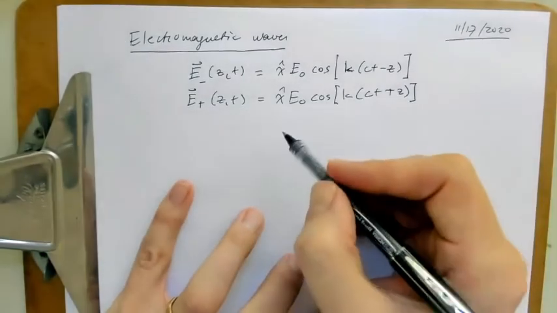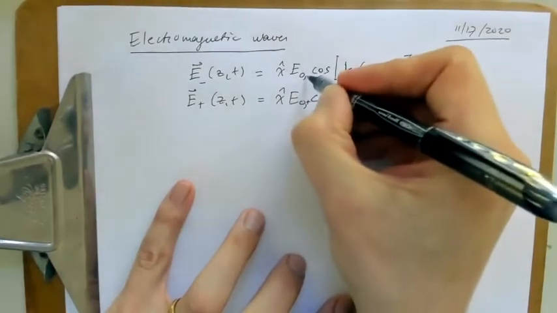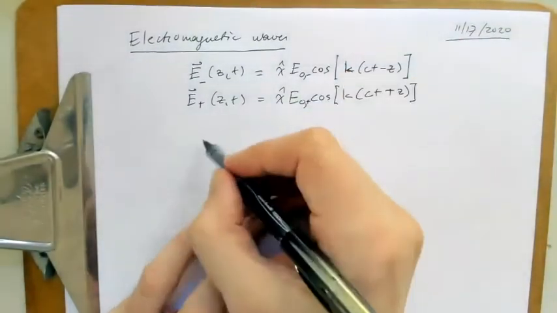And sometimes we'll have different prefactors. And then there was a B field as well.